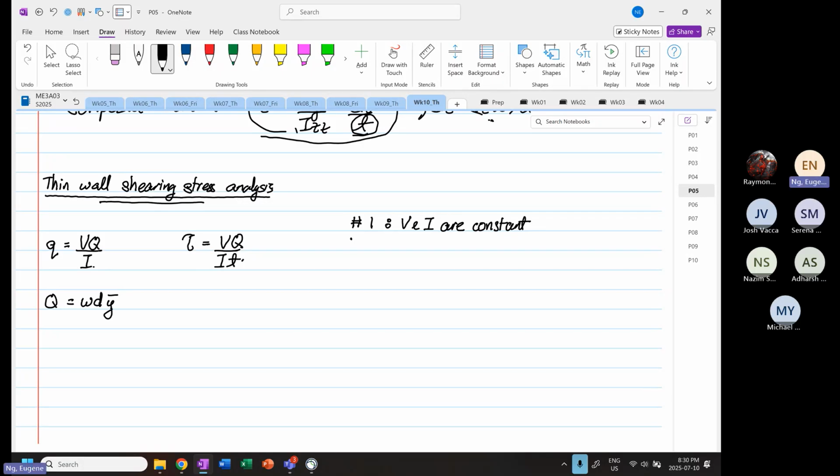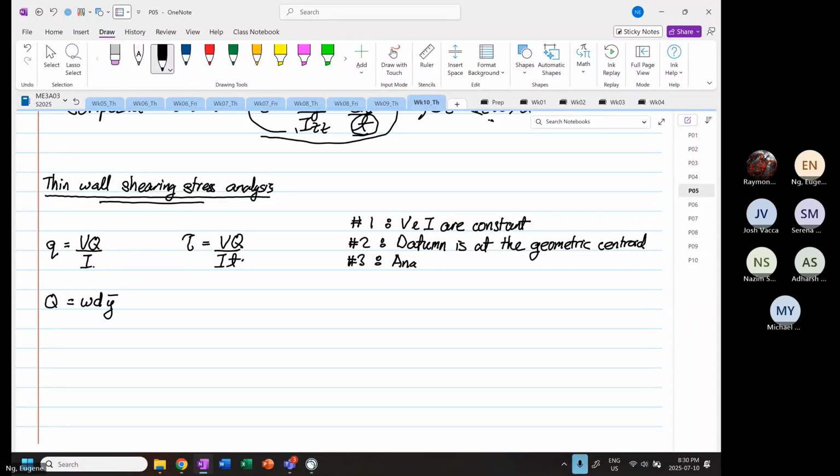The second one is still the same: the datum is at the geometric centroid.